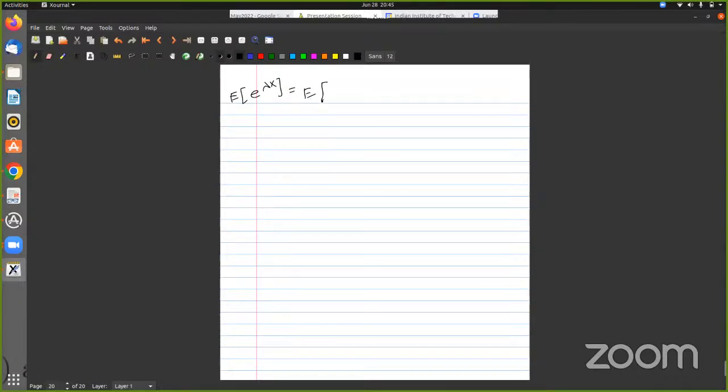So this is nothing but the expectation of 1 plus lambda x plus lambda square x square by 2 factorial, plus lambda cube x cube by 3 factorial, plus lambda to the power 4 x to the power 4 by 4 factorial, and like that.